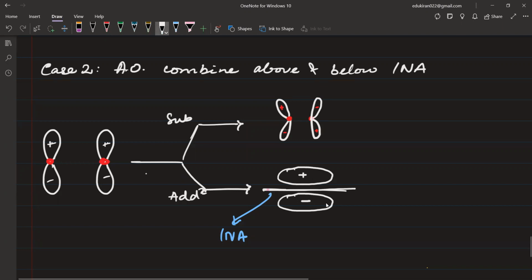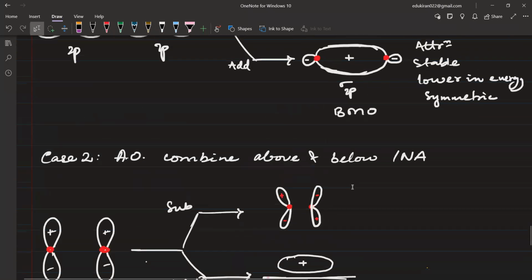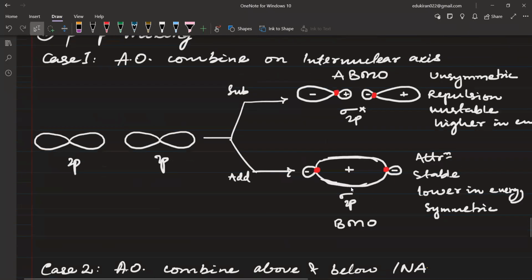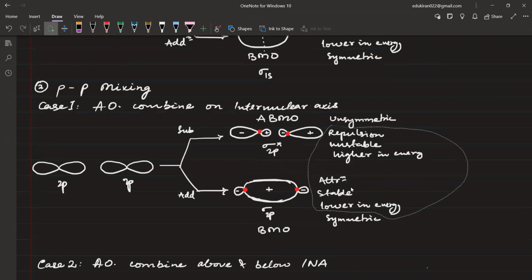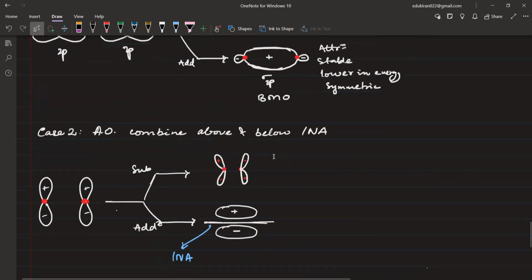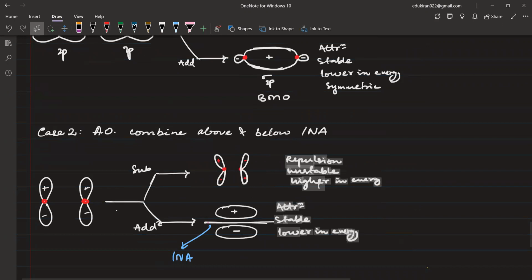Now in this case, everything is same like before. All of these things are same except the symmetry. I will talk about the symmetry. Just wait a second. Okay, repulsion is there, unstable, it is higher in energy. All of these things are true for the anti-bonding.